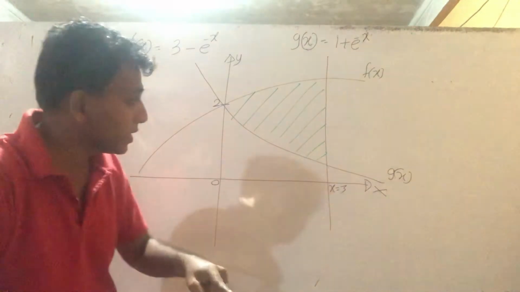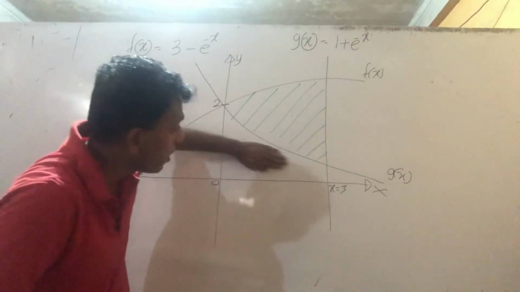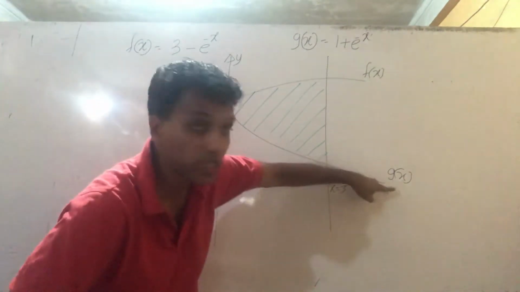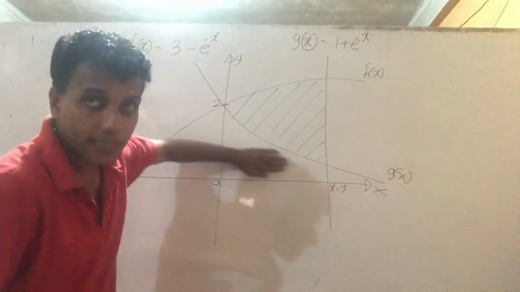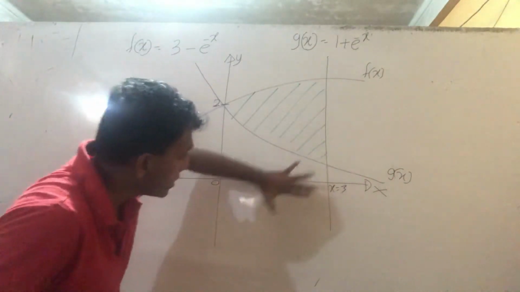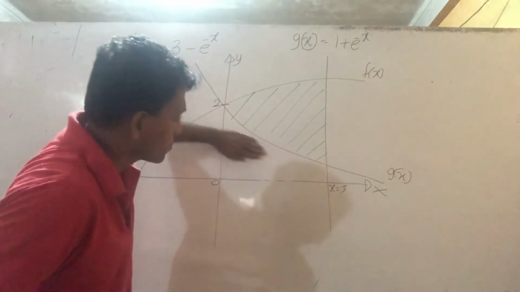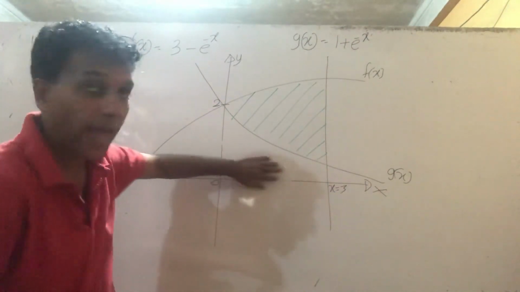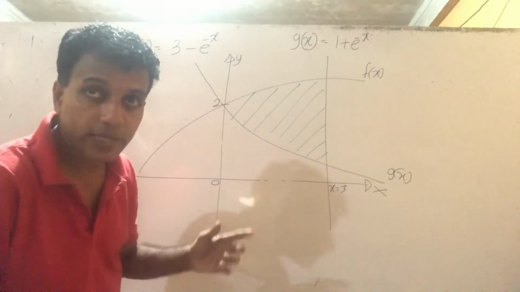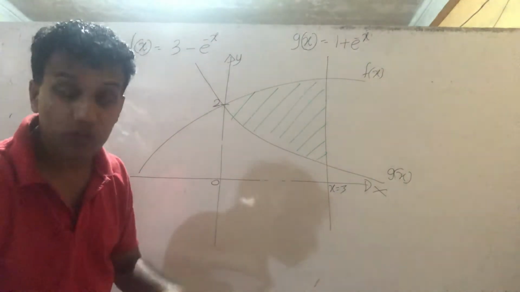Next you find the volume covered under this curve, the g(x) curve. That is only this. So you know the largest volume V1. Also, you know the small part below, the blank volume. So what is the answer? V1 minus V2.